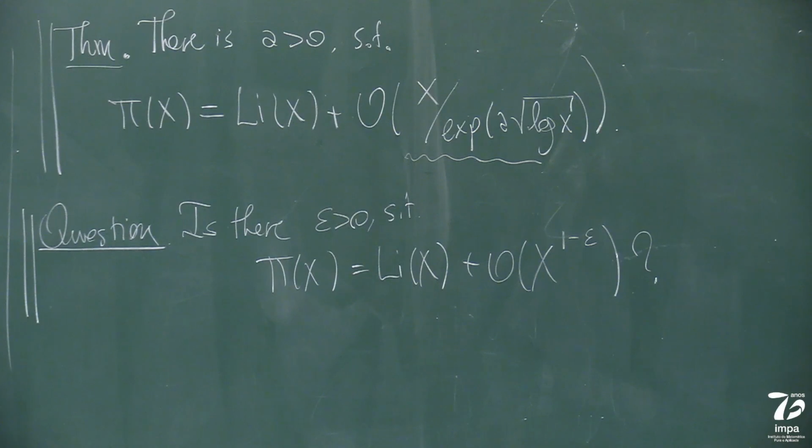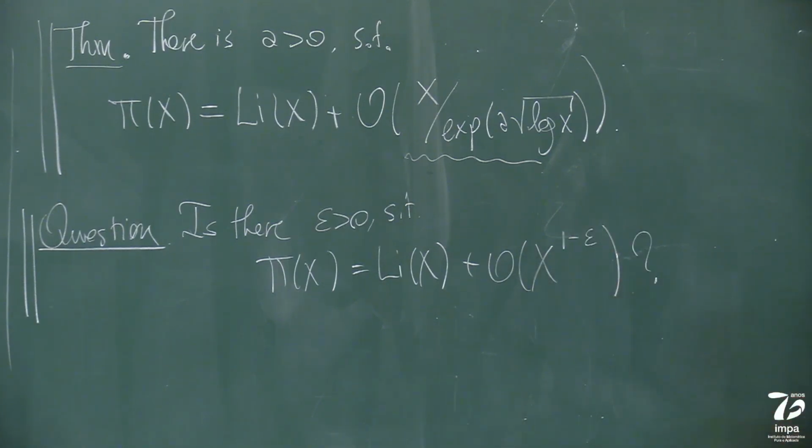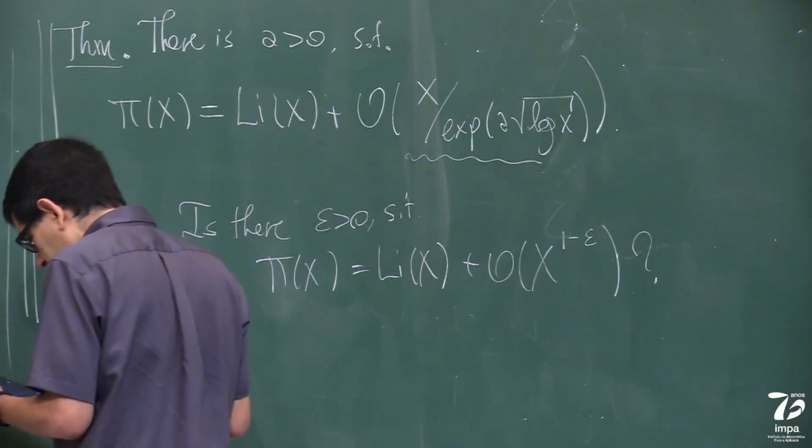So we know, and this is the point I want to make, that these types of error estimates are closely connected to the locations of the zeros of the Riemann zeta function. So that's what I want to emphasize here.